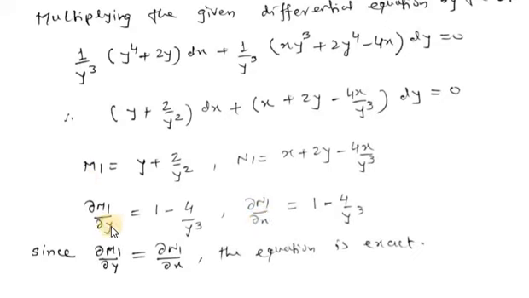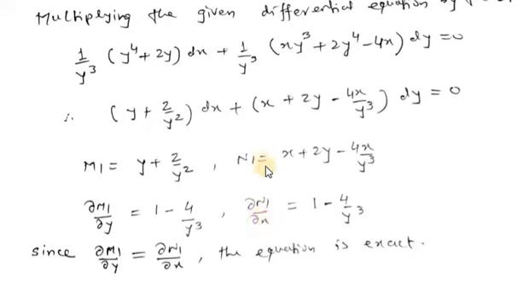So del m1 by del y: the derivative of y with respect to y is 1. Then the derivative of 1 upon y square, which is y raised to minus 2, is minus 2 y raised to minus 3. So 2 times 2 is 4, with the minus sign it is minus 4, and y raised to minus 3 is 1 upon y cube. So del m1 by del y is 1 minus 4 by y cube.